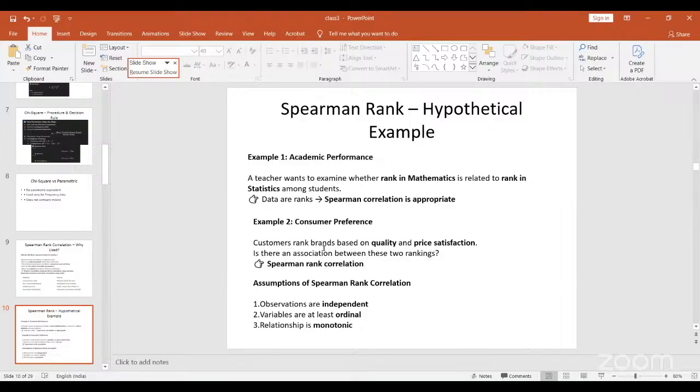The variables must be at least ordinal, and the relationship is monotone. I hope the assumptions and the examples are clear. Next, I will be showing the formula. That is my part.